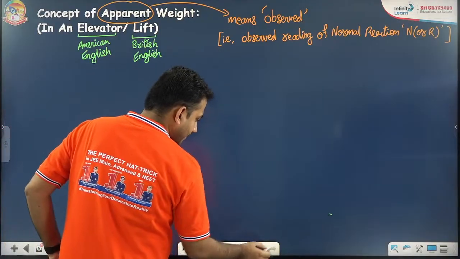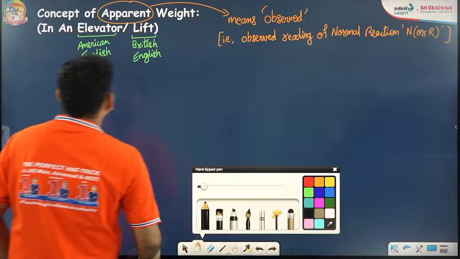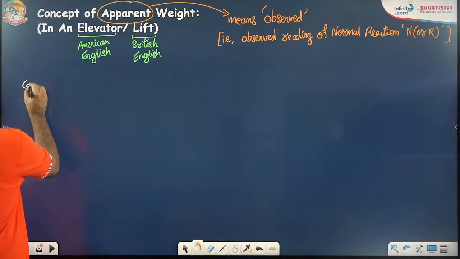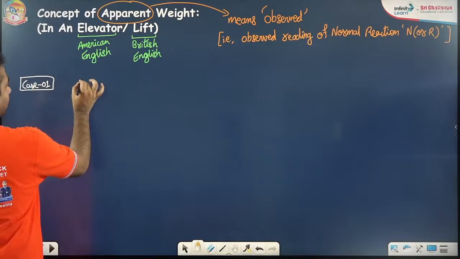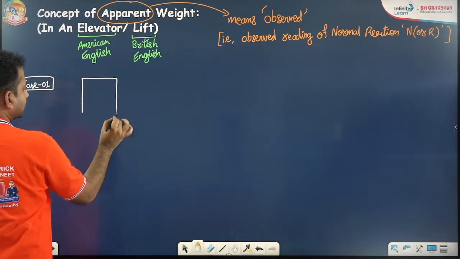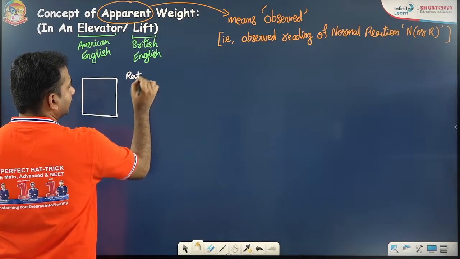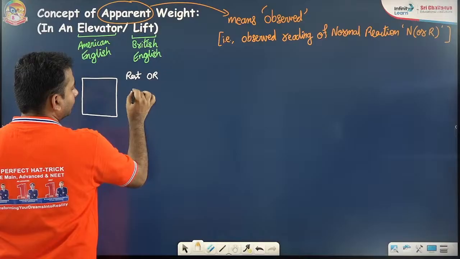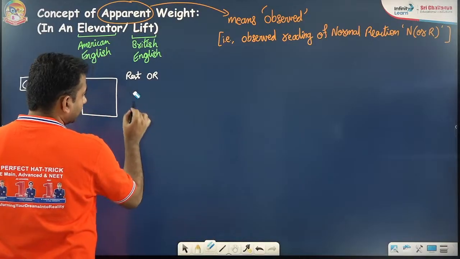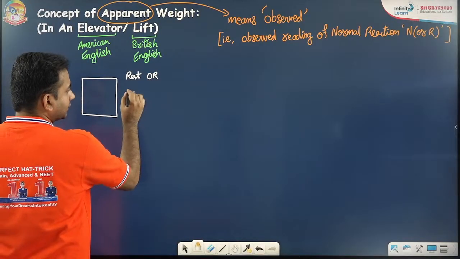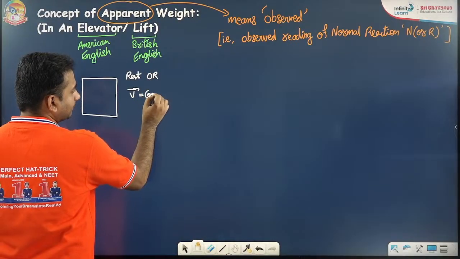So first of all, case 1: the elevator is at rest or moving uniformly. It is at rest or it is moving with constant velocity.